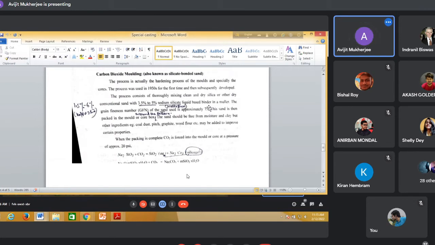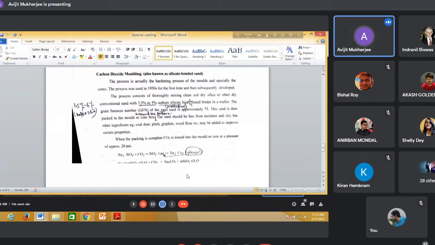So dry clay-free silica or other conventional sand of approximate grain fineness number 75 is mixed with 1.5 to 6% sodium silicate liquid based binder.